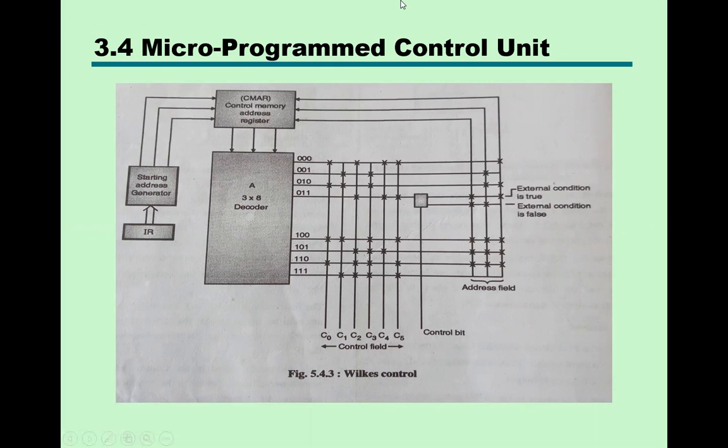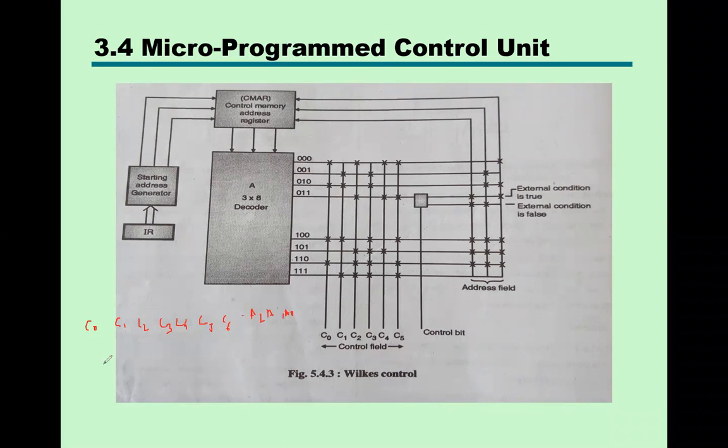For example, there are bits like C0, C1, C2, C3, C4, C5, C6, right? And then, for example, A2, A1, A0. So A2, A1, A0 are what? These are the addresses.